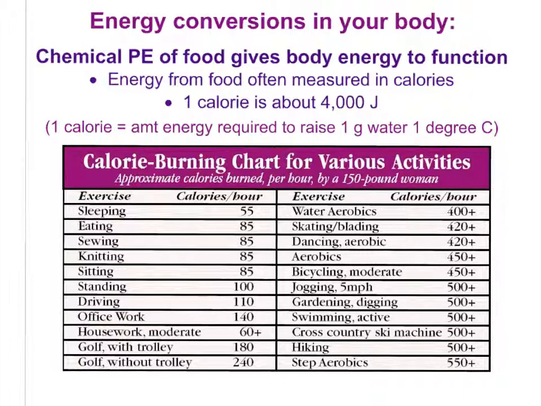Chemical potential energy of food gives our body that energy. And 1 calorie is equal to about 4,000 joules of energy. It's a different way of measuring energy, a different unit, but this is about what it is equal to.